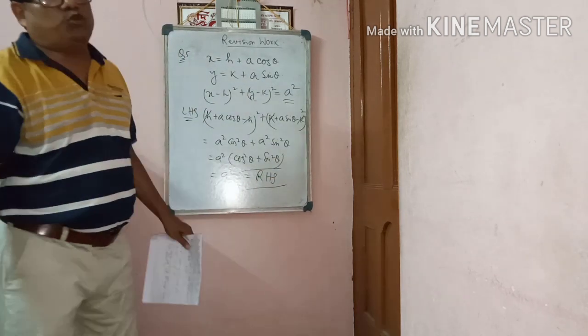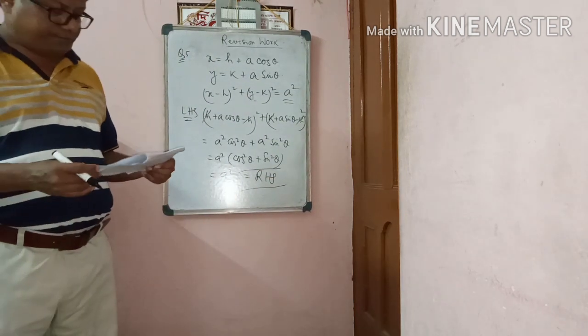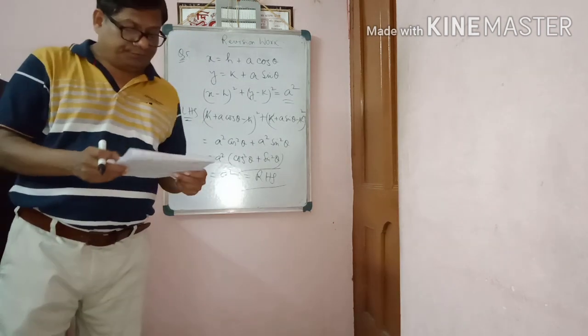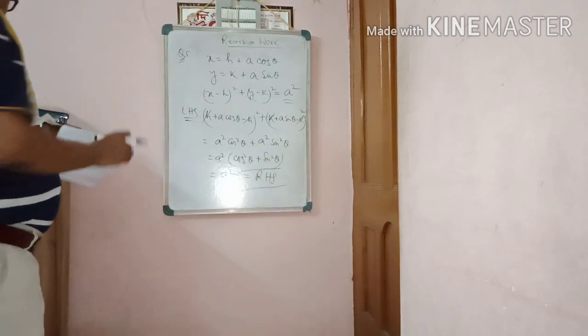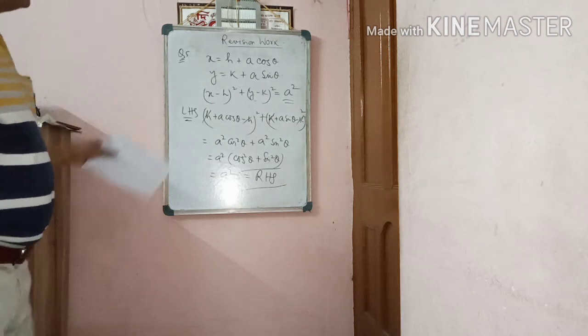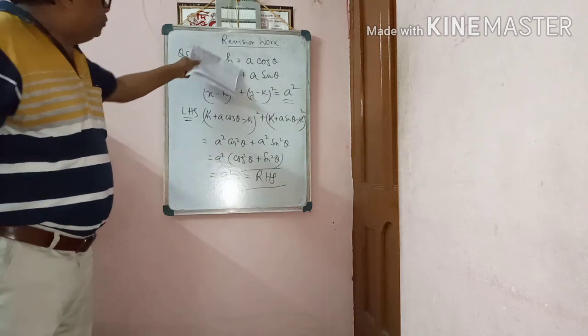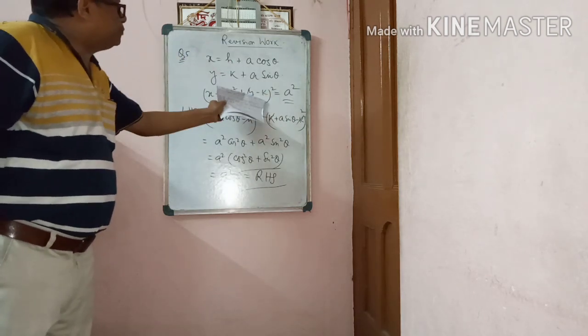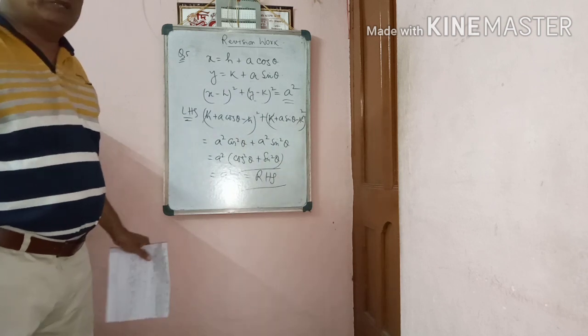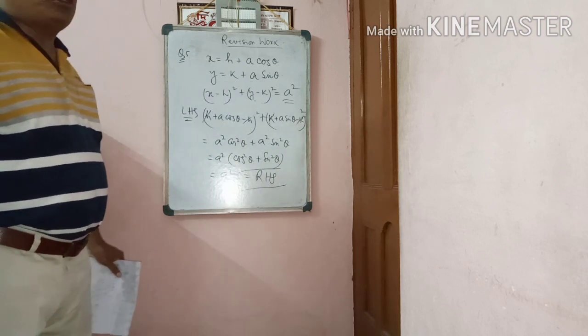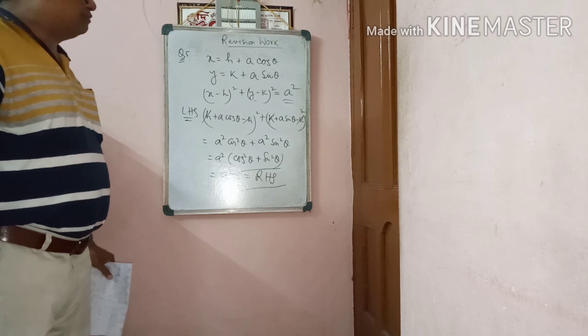Left hand side equal to right hand side. Very easy sum: you put the value here and here, and you will get the result. So it will be a square.